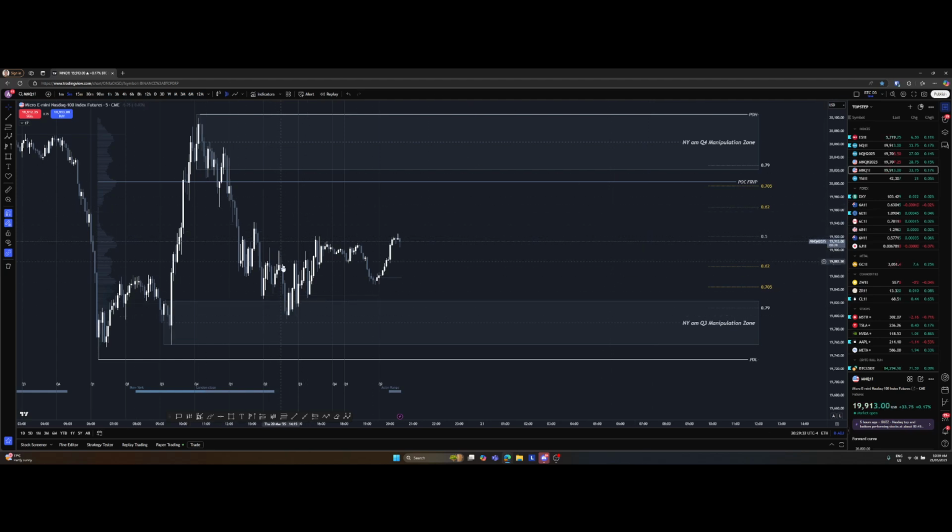And we've got this Q2 swing here as well that we can put in from the PM session. Q2.